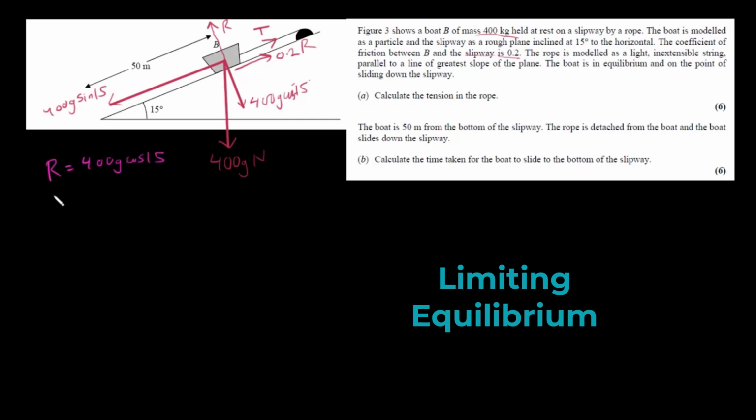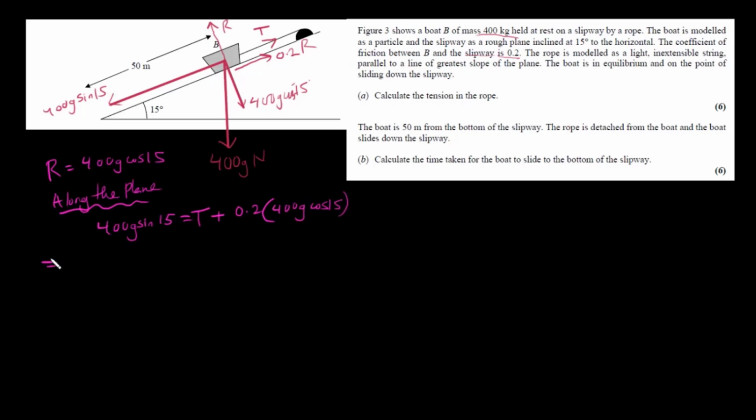Now along the plane, the force that is trying to pull it down is 400g sine 15 degrees, and the forces that are trying to pull it up are tension T and 0.2 R, and R is 400g cos 15 degrees. So from here we can calculate the value of the tension.